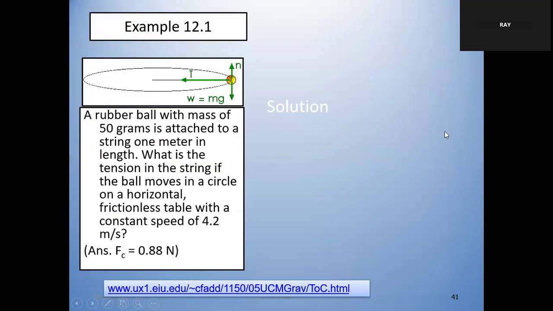Okay, try this question. Before I give you the answer, see whether you can get the answer 0.88 Newton. Just using the formula that I've given you. mv squared over r or m r omega squared.